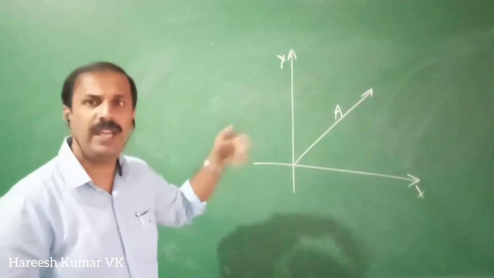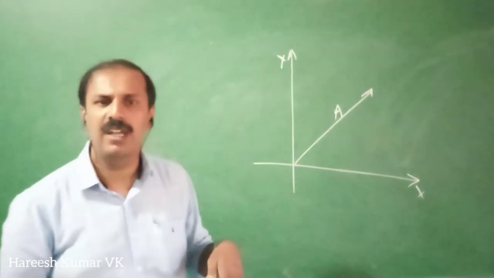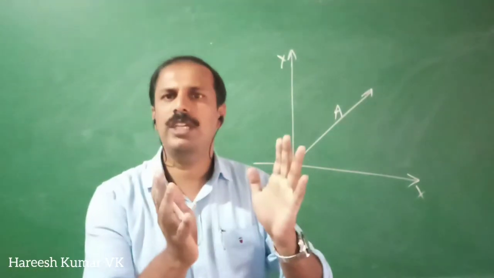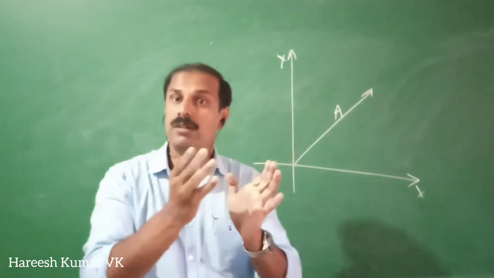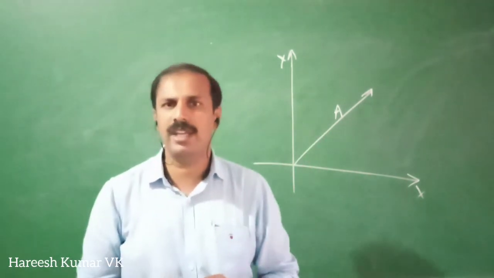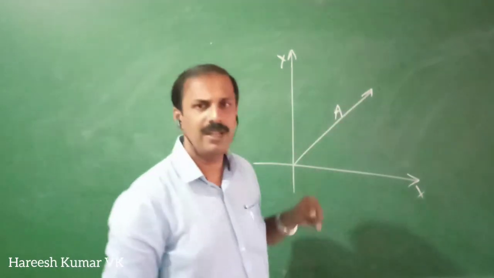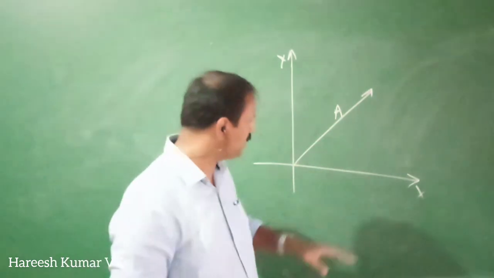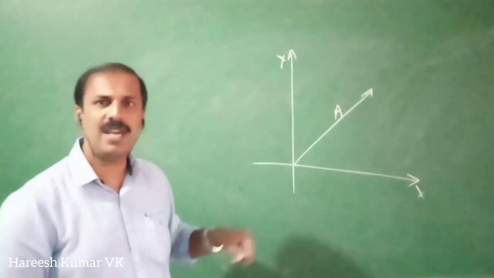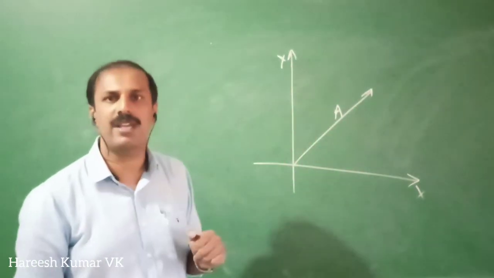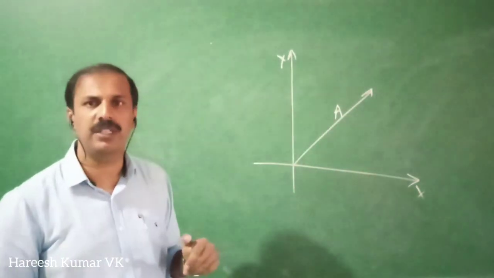From the triangular law we have seen that one vector can be expressed as the sum of two other vectors, like R was A plus B. So this vector A can be expressed as the sum of two vectors, one vector along x axis and another vector along y axis. That is called resolving it.